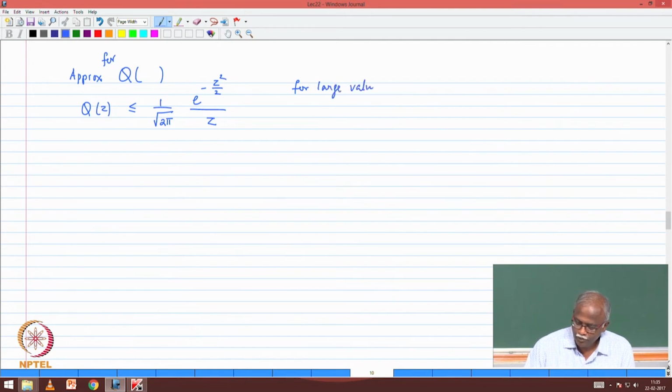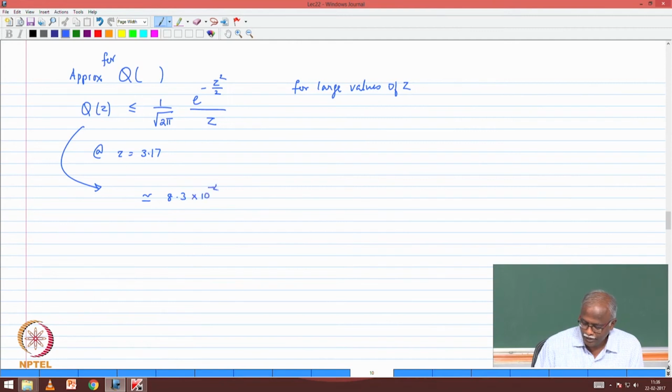Okay, and again, most of the time we may be interested in the high SNR analysis, so the argument of the Q function will be something which is greater than 1 for large values of Z. Please do verify that if I substituted Z equal to 3.17, this would have told me that my bit error rate is 8.3 into 10 power minus 4.